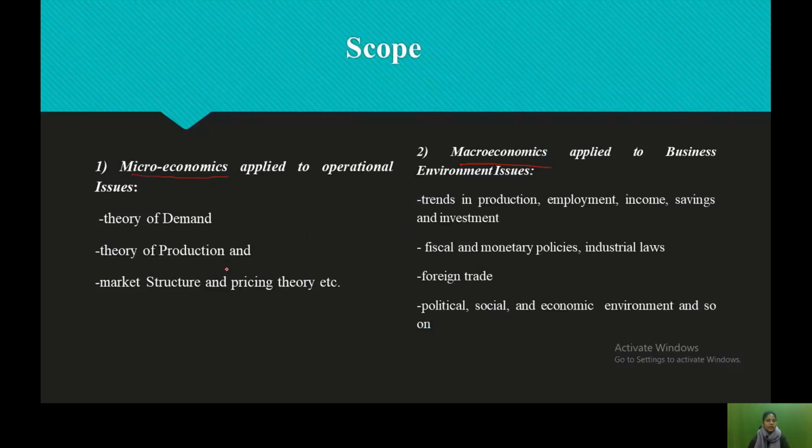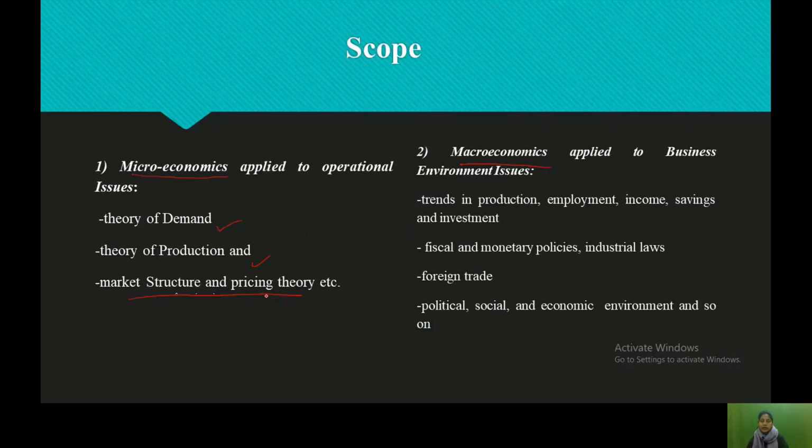I will take the same example that I have taken. If a manager has to take a decision regarding launching of a new product, then for the operational issues, he will have to use various theories that come from microeconomics, such as theory of demand, theory of production, which is also called theory of firm, then market structure and pricing theories, in order to analyze what kind of price he can keep for this new product.